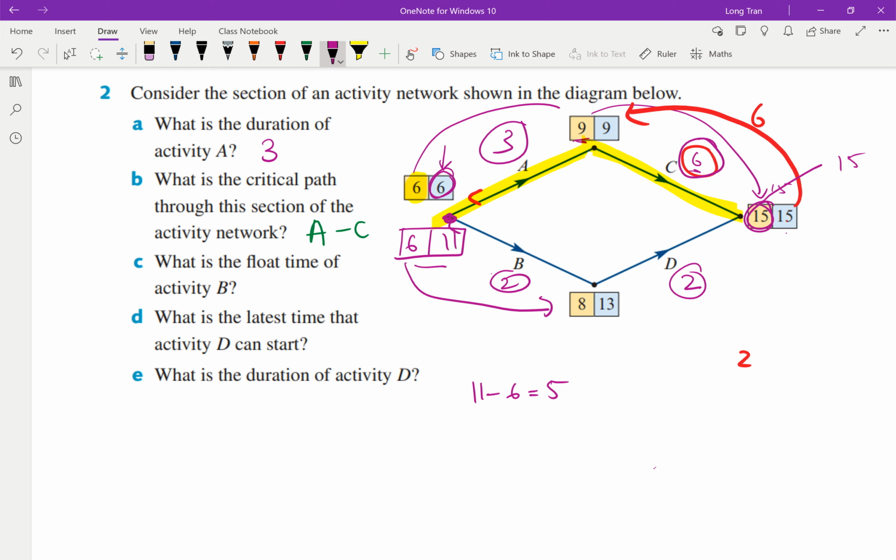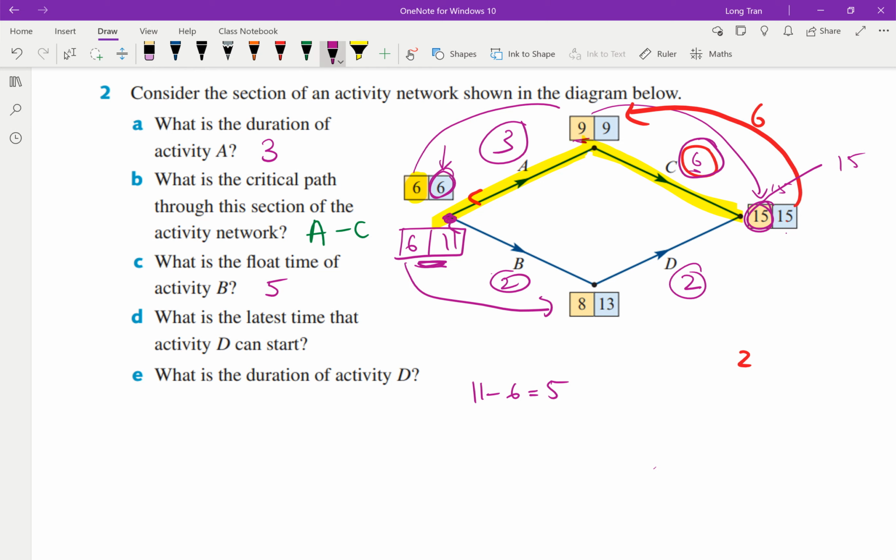So this is the float time. B doesn't have to start at 6. B can start at 11 and still get to this point at 13, and 13 plus 2 still makes it on time at 15. Does that make sense? Okay, so answering the question, what is the float time of activity B? Well, activity B has a float time of 11 minus 6, which is 5.